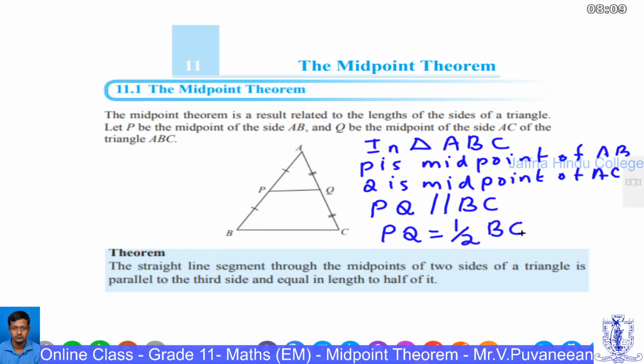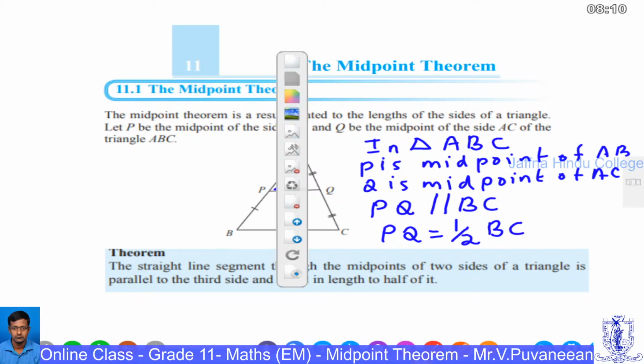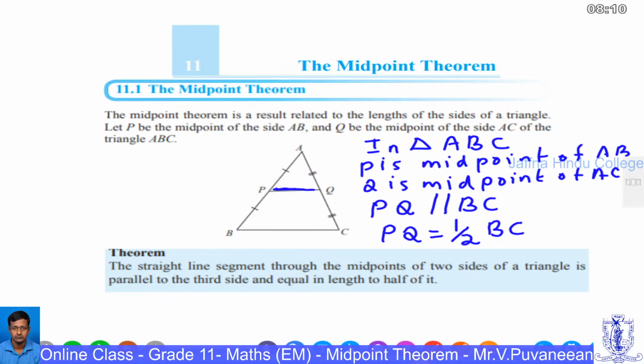BC means the third side of the triangle.